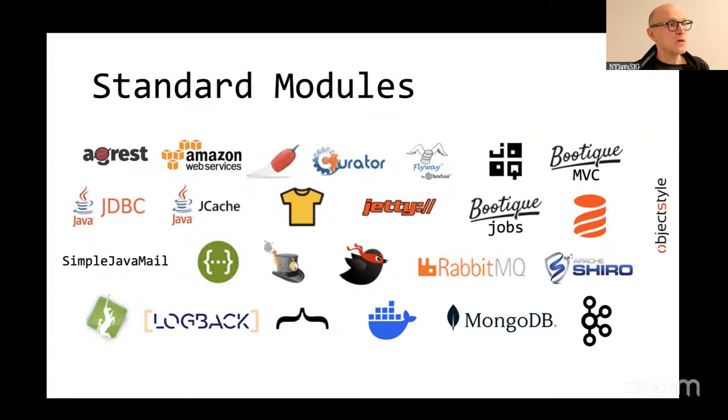But if you need Hibernate, and many people do, of course, you can write your own module, and it'll probably take you anywhere from 30 minutes to a couple of hours to get something running, because it's really not that hard. All the logic is in Hibernate itself, and this is just about wiring it into the Bootique application.